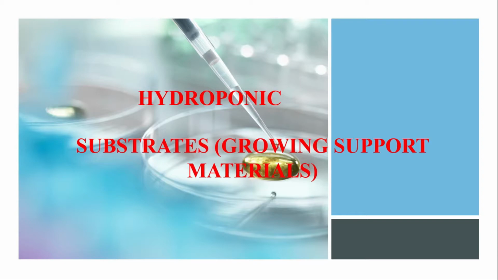So for that purpose, a variety of substrate media is necessary, and the third most important thing is the nutrient solution. I will discuss the nutrient solution in the next video.